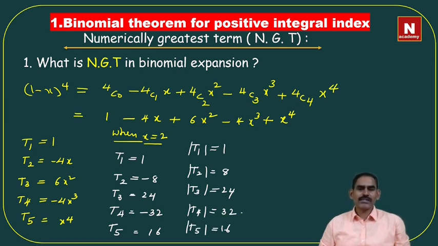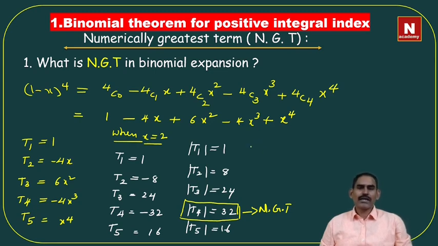Here 32 is the greatest, which means T4 is the greatest term in the given expansion for x equals 2. So here we can observe that the values of the terms increase till T4 and then decrease. This term is the numerically greatest term for this example.